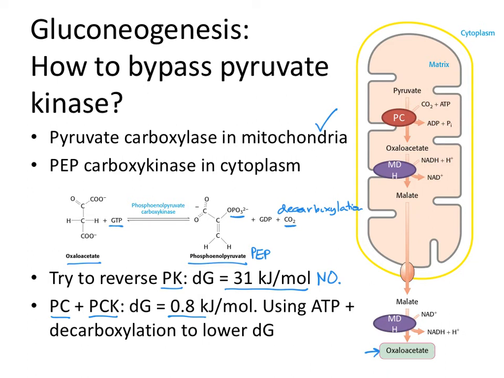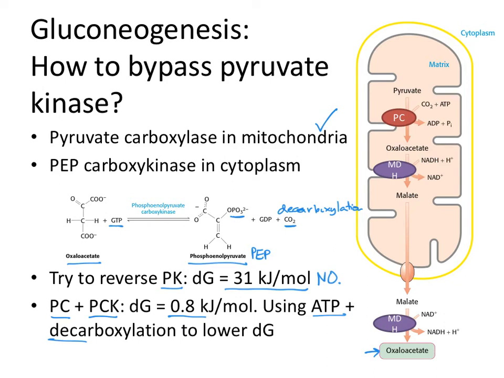And we're using ATP and GTP as well as this decarboxylation reaction in order to lower the delta G of the reaction to get it to a thermodynamic level where it will actually occur inside the cell. Okay, we've successfully bypassed pyruvate kinase.